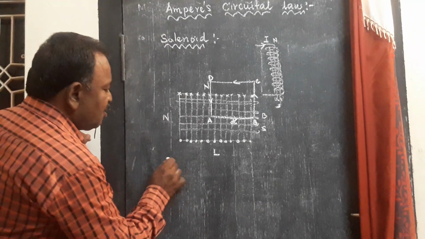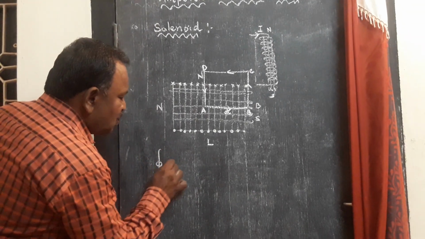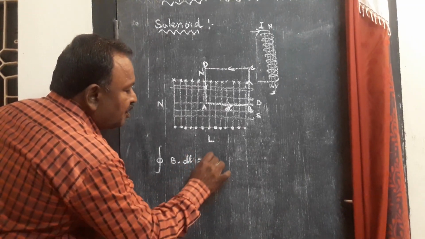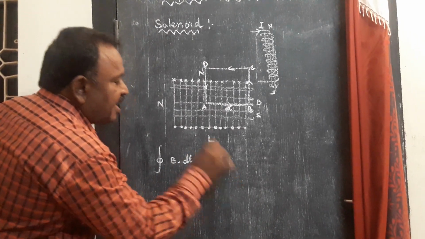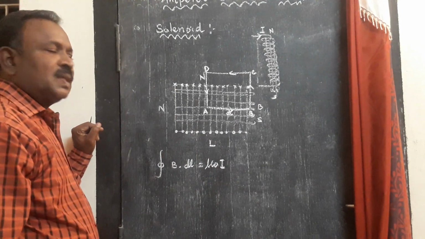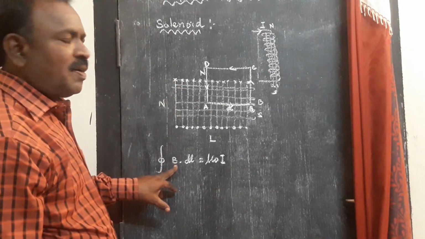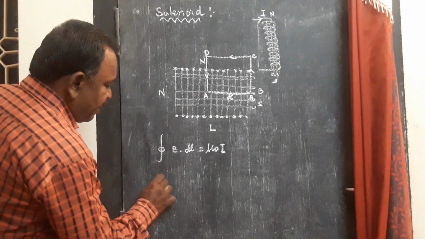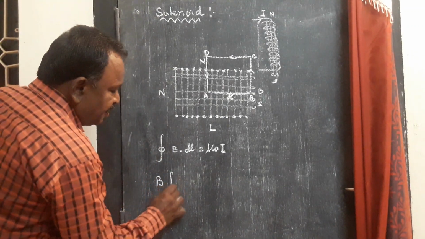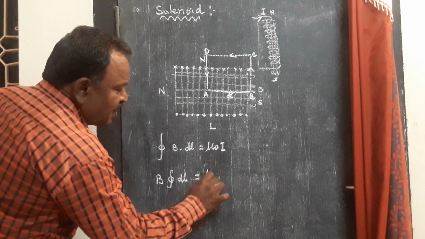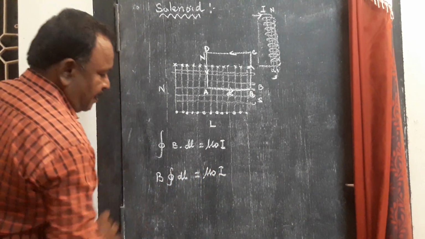According to Ampere's law, closed integral B dot dl is equal to mu naught into I. When you consider a solenoid, magnetic field is uniform. So I can write it as B into closed integral dl is equal to mu naught into I.